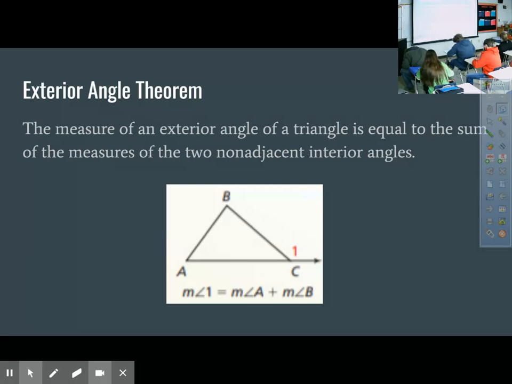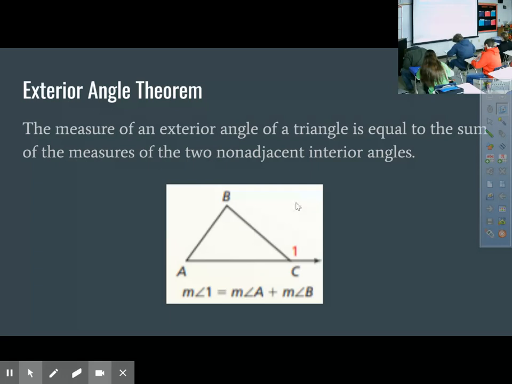The measure of an exterior angle of a triangle is equal to the sum of the measures of the two non-adjacent, that means it's not right next to it, interior angles. So write that under the definition of the exterior angle theorem.